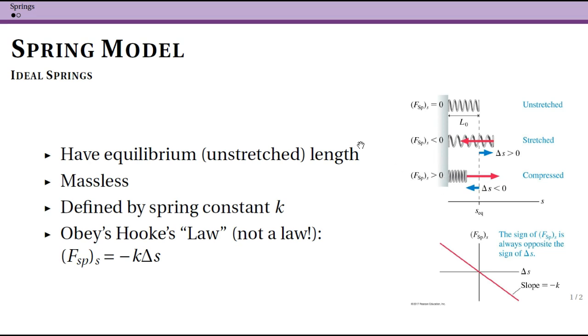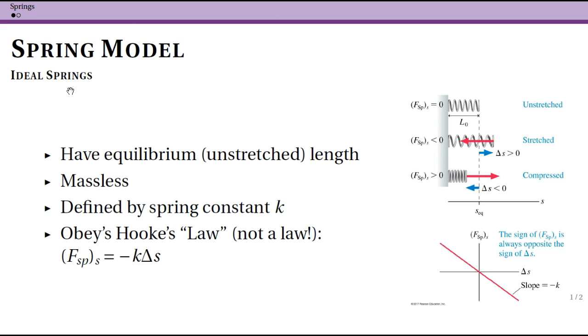So in physics class, we're usually thinking about an object that can both compress and stretch, but elastic objects, like a rubber band, we're going to model as a spring, but it doesn't necessarily make sense to think about them compressing. So the spring model is very much a model. We are taking a real-world object and we are going to simplify it enough that we can actually do some calculations with it.